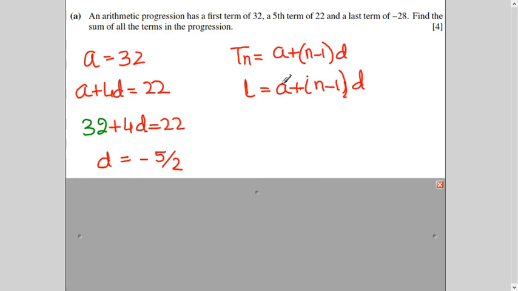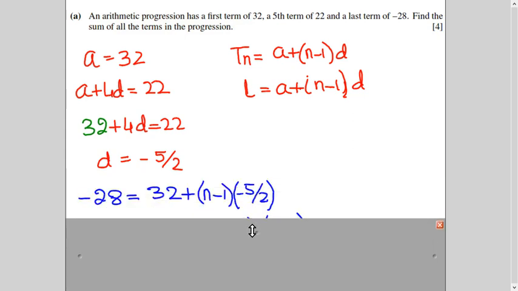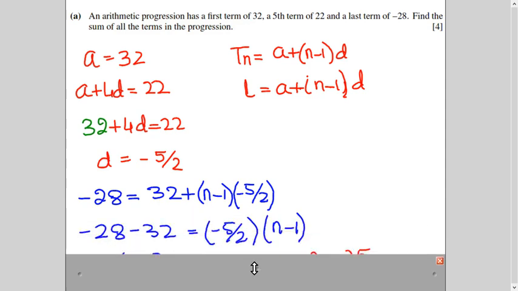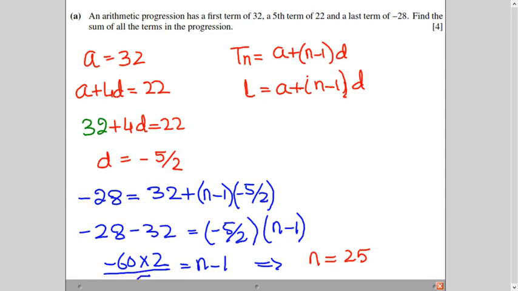Now l I know is minus 28, d I have figured out, minus 5 over 2, and a is given in the question, the first term. So I can find the value of n, which means the number of terms in this series. Simple calculation, plus, minus, multiplication, that's all. And this is how you will get the value of n, which is 25.